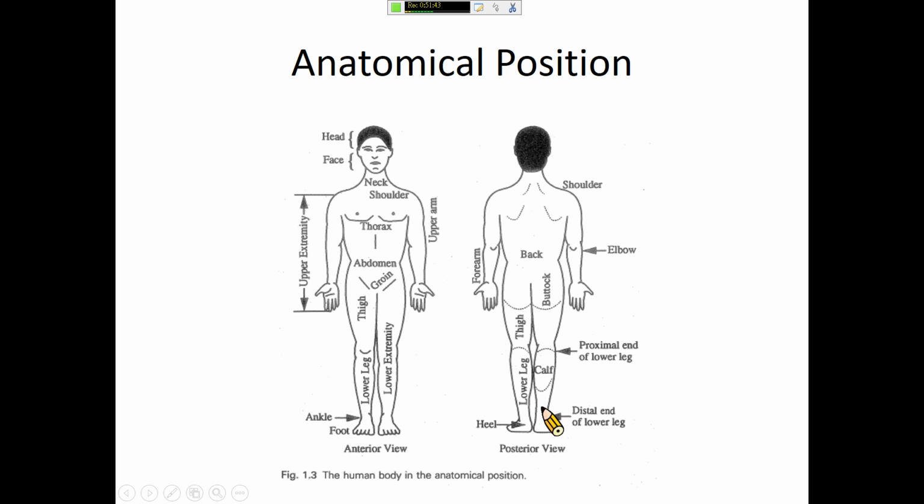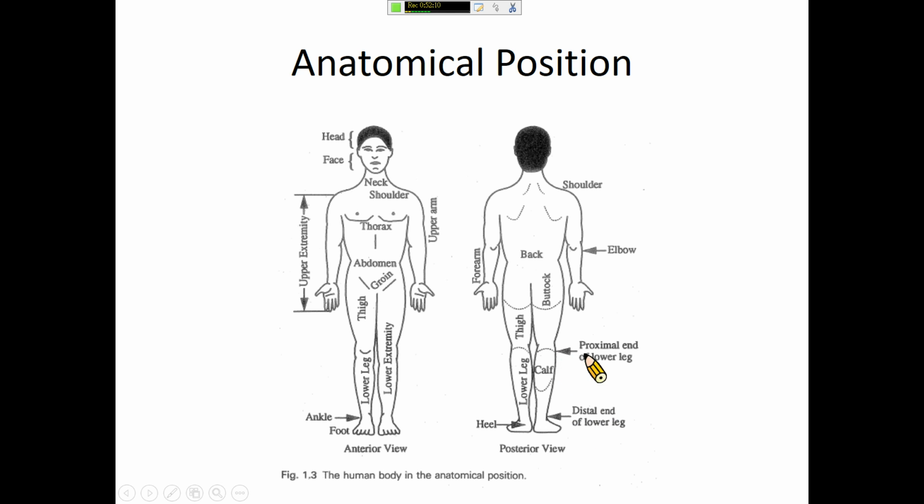For this lower leg, for example, this is the knee joint, right? This entire lower leg has two ends, here and here. This end is called distal end.